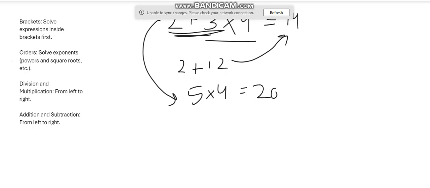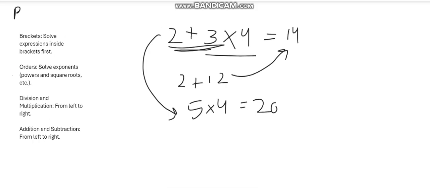A useful way of remembering the order is BODMAS, which I explained in my last video, and we did some practice questions too. B represents brackets. Whenever we solve any kind of question, we have to solve the brackets first.